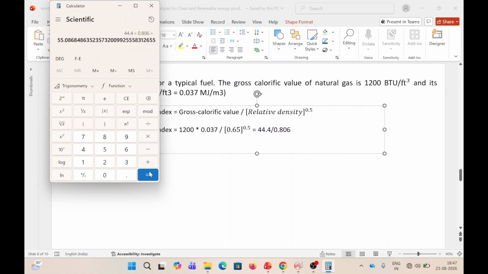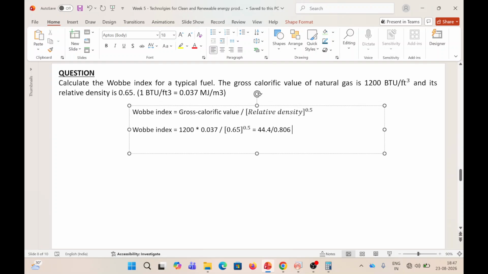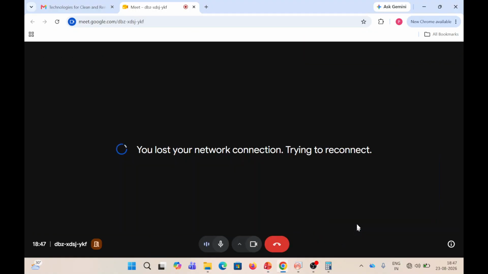55 megajoule per meter cube. 55.08 megajoule per meter cube.